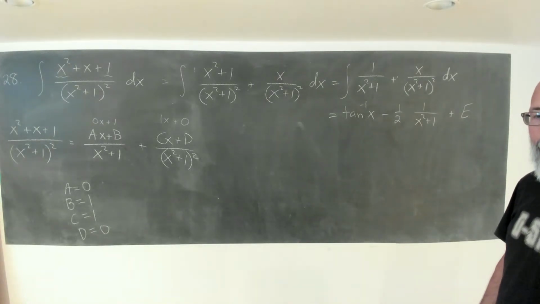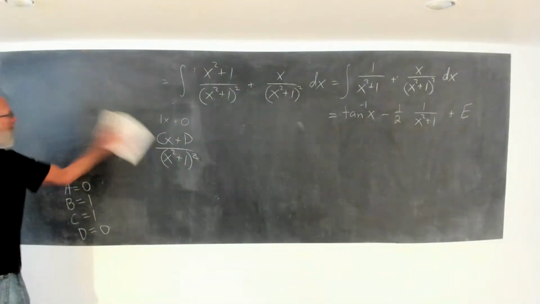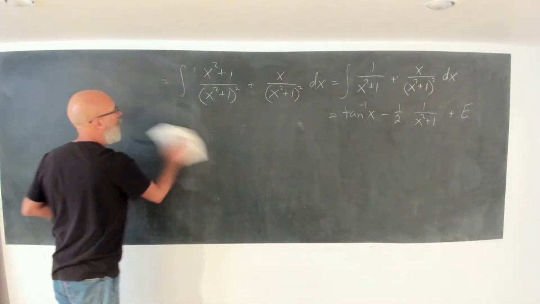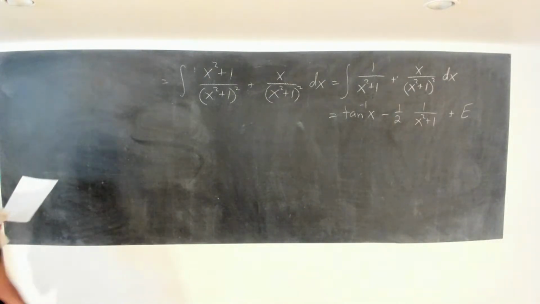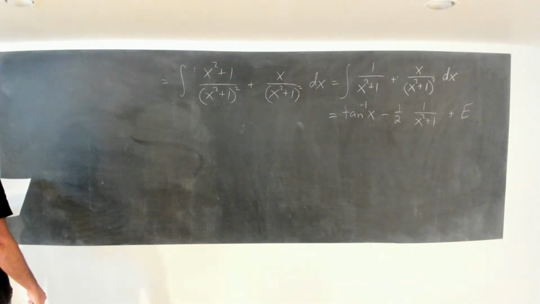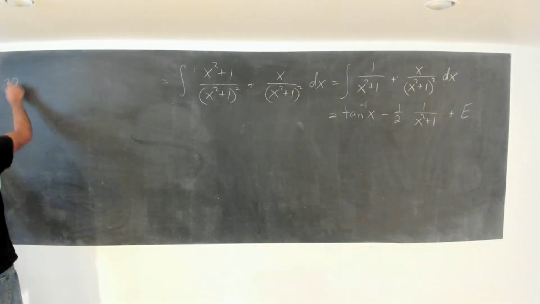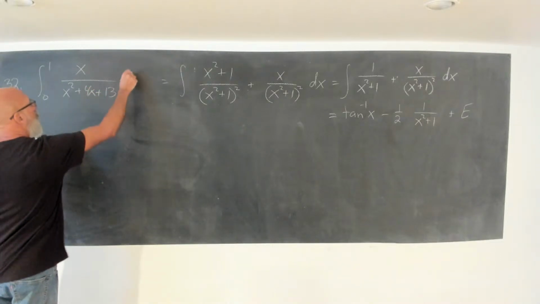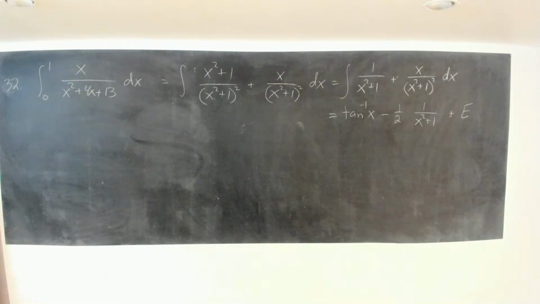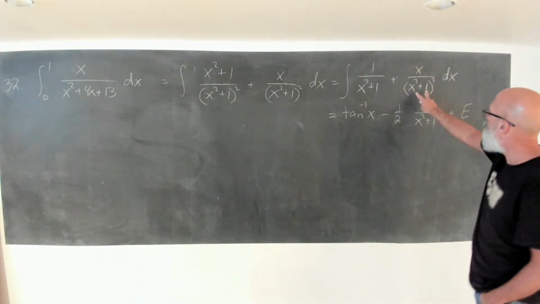And there it is. Was the second integral just a u sub? Very nice, Ethan. Very nice. A u sub, u equals x squared plus 1. Absolutely.